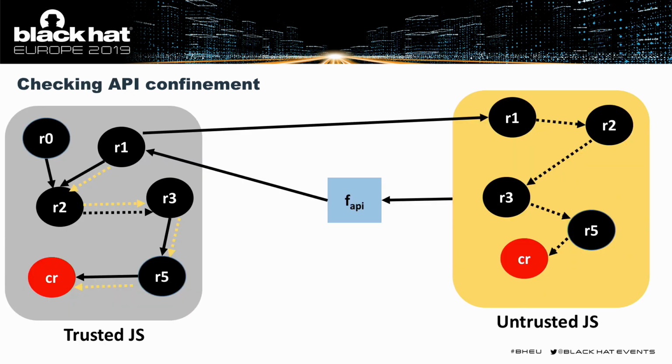In the abstract sense, if you abstract all the bugs that Abdul showed, it would be some variant of this: there is some public API that reaches a reference R1, for example, and the untrusted JavaScript gets access to that, and from that you can think of some sort of tree of embedded references that lead to certain parts of the program functionality, and then imagine there is a path that goes through a sequence of references to a critical resource. This is an abstract view of all of that.